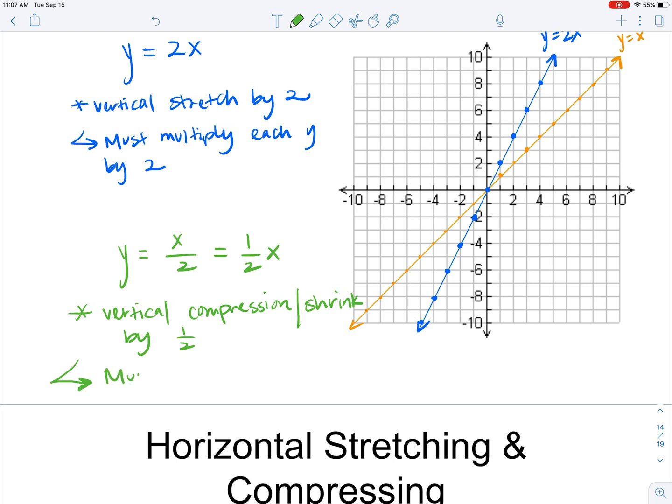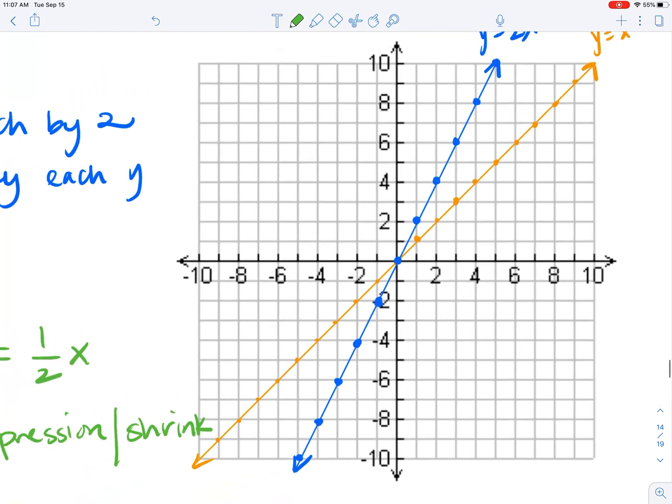And what happens here is we must multiply each y by 1/2, which is also the same thing as dividing each y by 2 in this case, but we're going to stick with multiplication. So we must multiply each y by 1/2 for the point to have the same x-coordinate as the parent function.